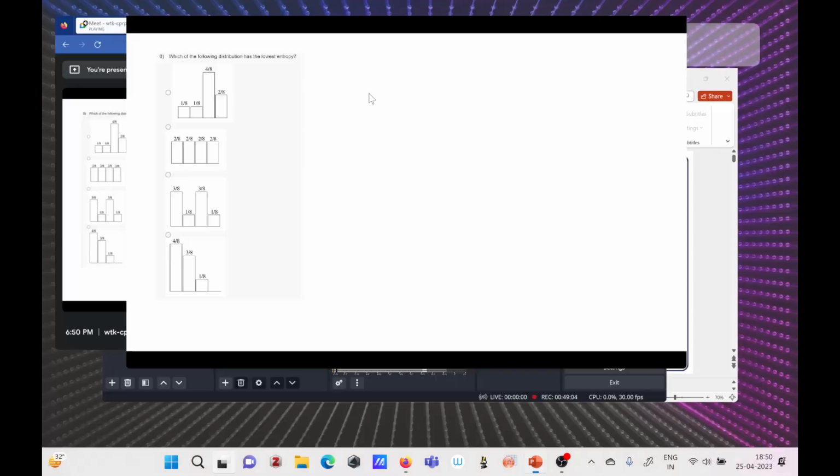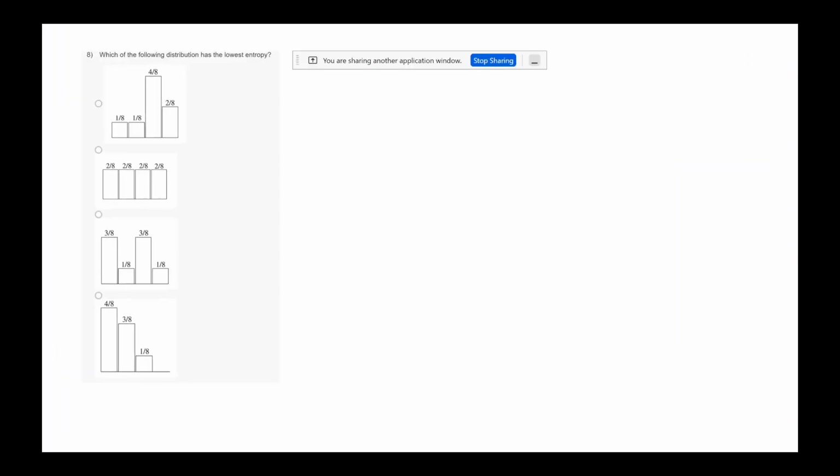Last one. So for option A, let's make it kB times: minus 2 times 1 by 8 ln 1 by 8, minus 4 by 8 ln 4 by 8, and minus 2 by 8 ln 2 by 8.